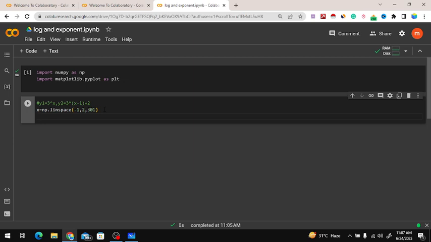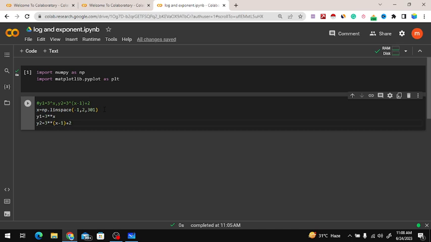One is y1, which should be equal to 3 to the power x as an exponential, and another equation I have written above: y2 should be equal to 3 to the power x minus 1, and it should be plus 2.